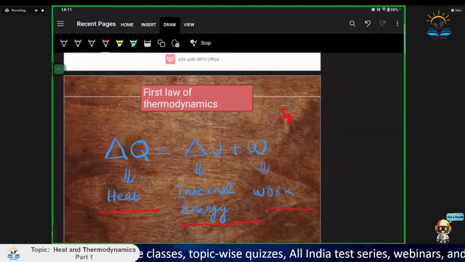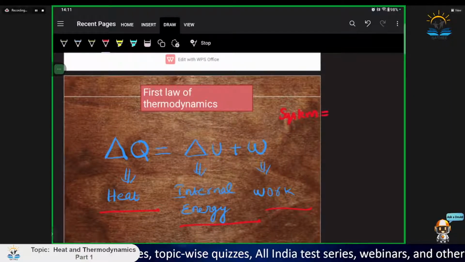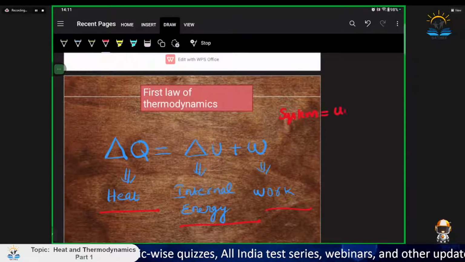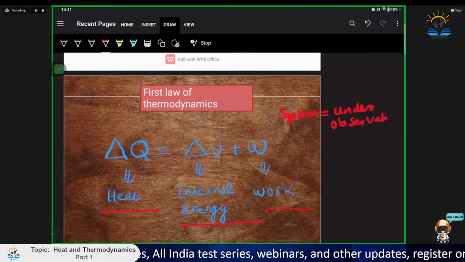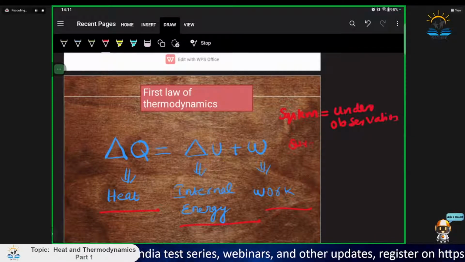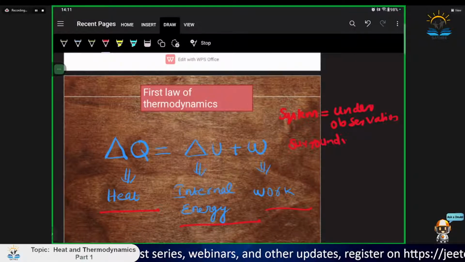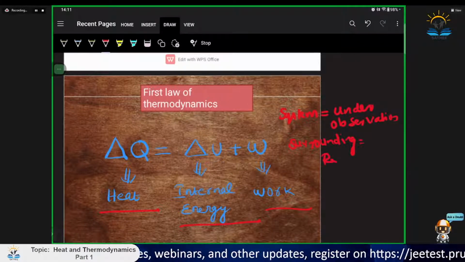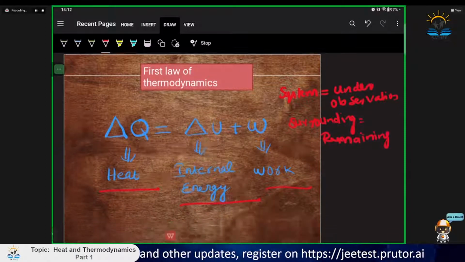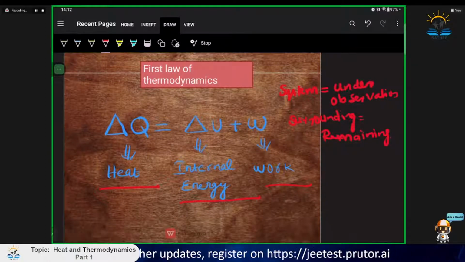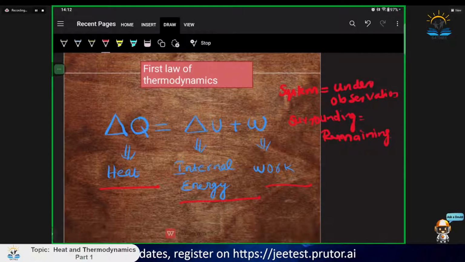System means the part of the universe under observation, and the surroundings means the remaining part of the universe.